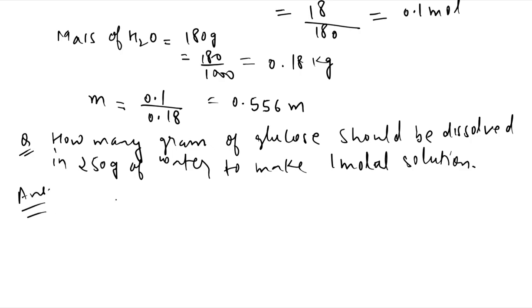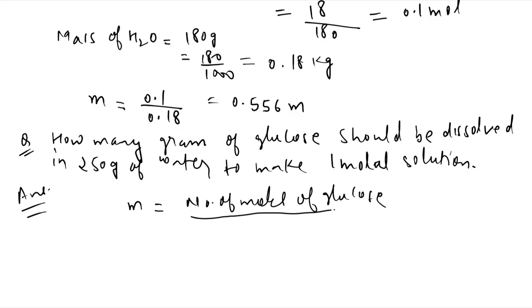We need to find out how many grams we need to dissolve. So we know that molal is number of moles of glucose divided by mass of water in kg.